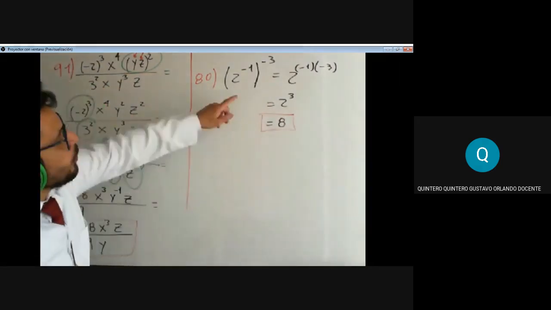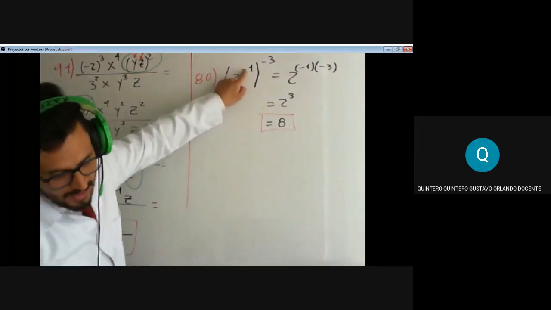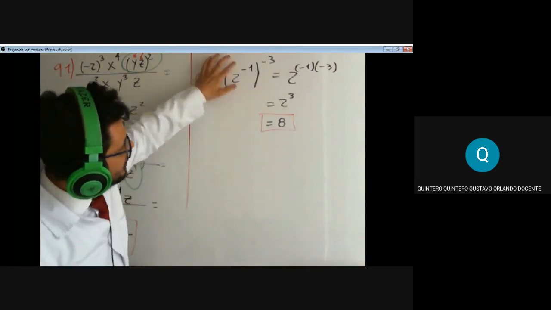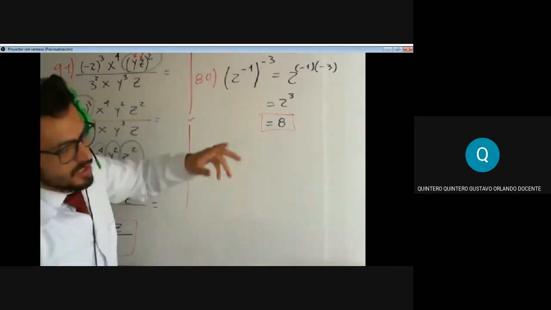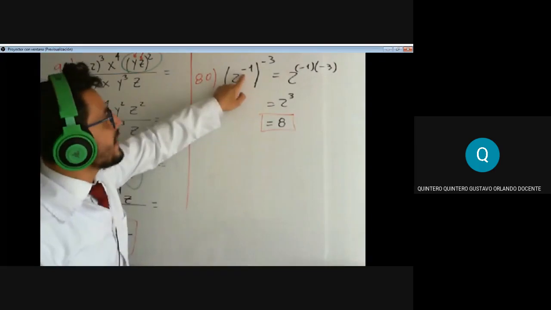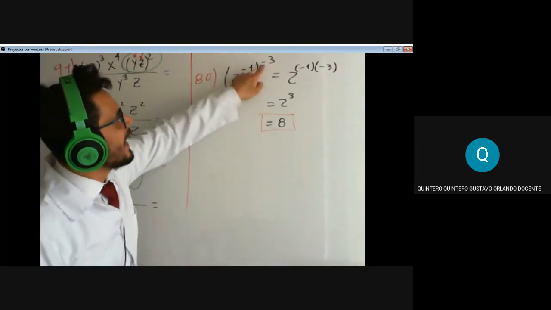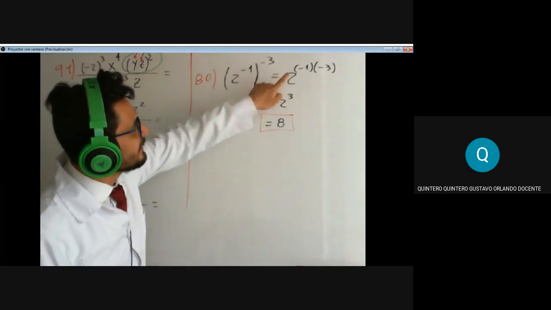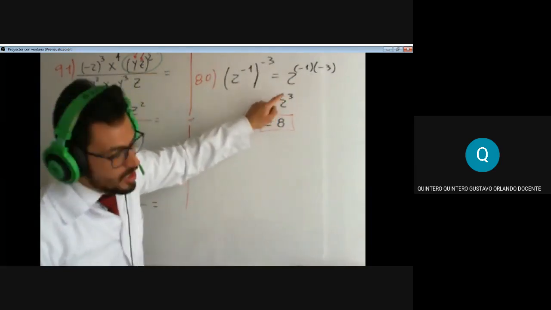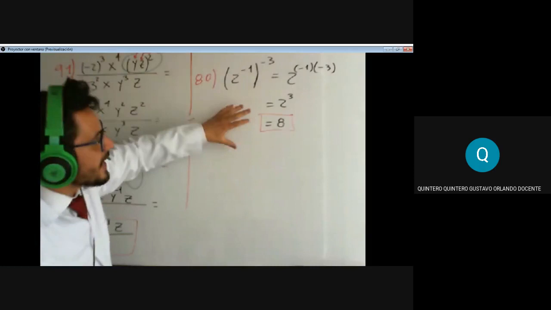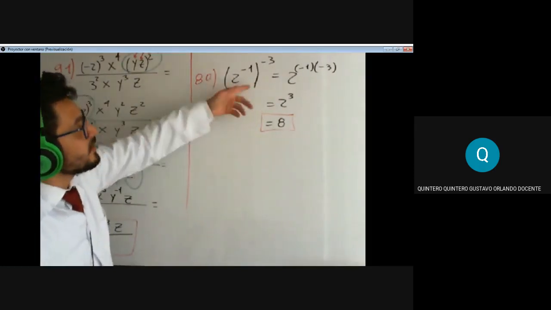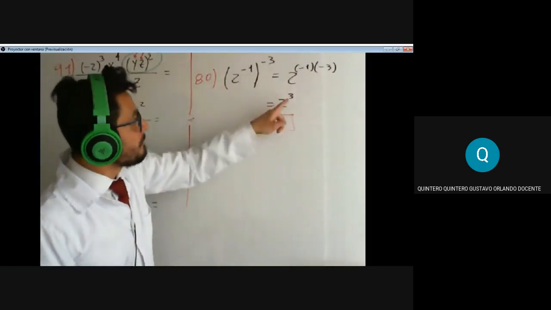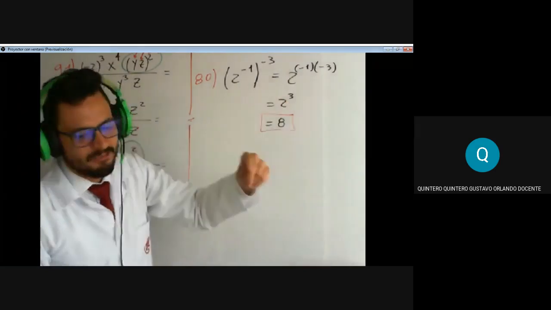Why did we not do the parentheses first? Simple. Because we wanted to get rid of the exponents. And we knew from the beginning that if we multiply negative and negative, the exponent will be gone. So no reason to work with fractions. We can just be smart about this and do power of a power and get the exponent positive right away.